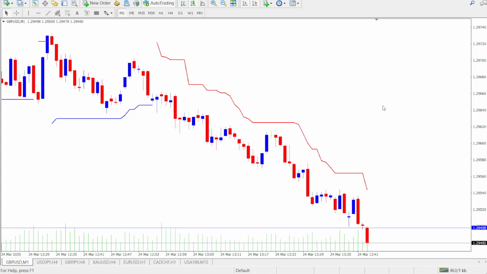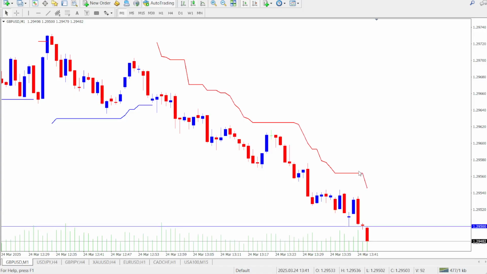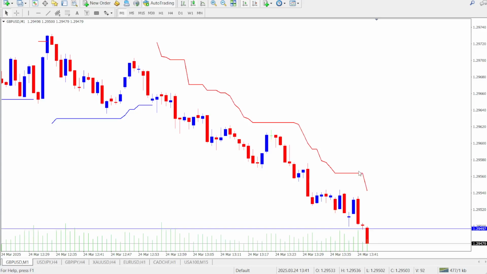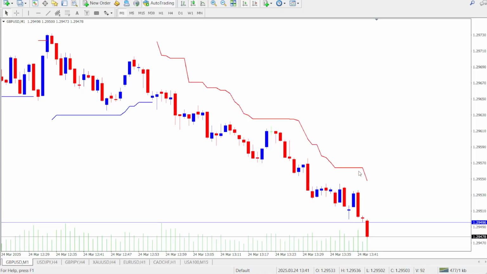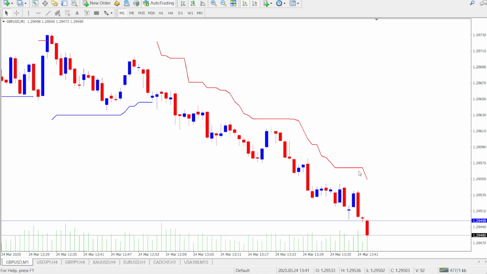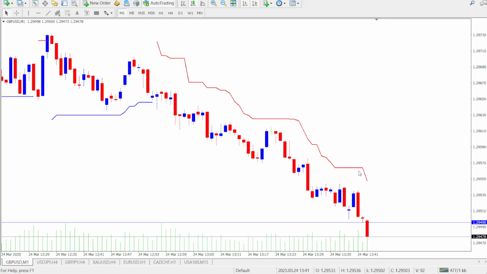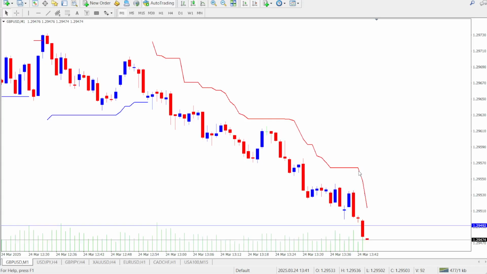If volatility is low, your stop loss remains closer to the price. But if volatility increases, the stop loss moves farther away to avoid getting hit by random price fluctuations. So by using this dynamic stop loss strategy, traders can avoid premature exits while still maintaining risk control.